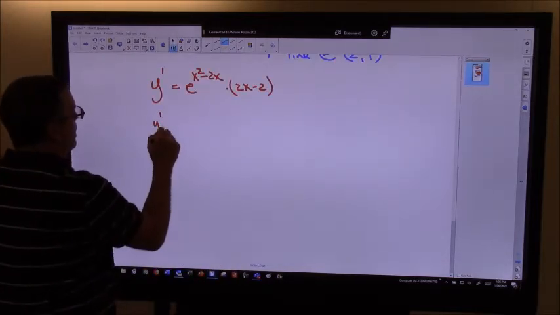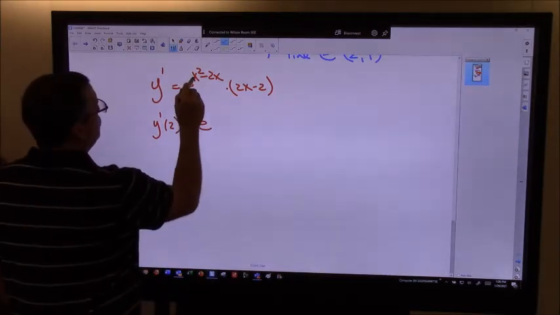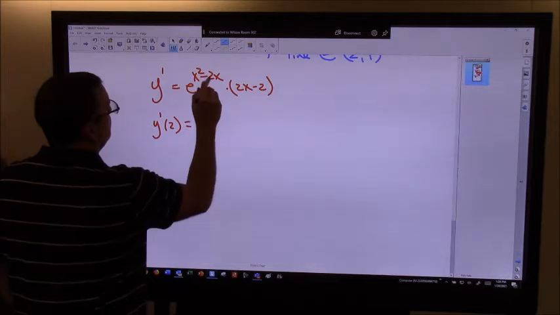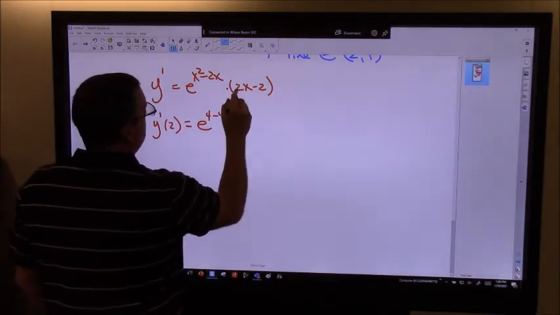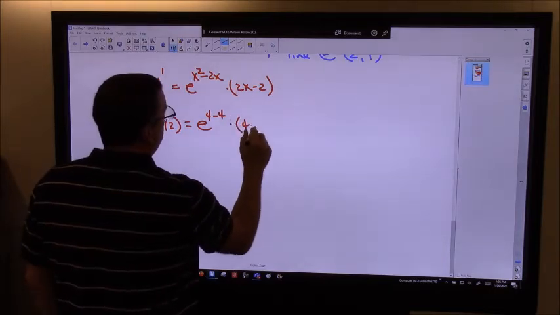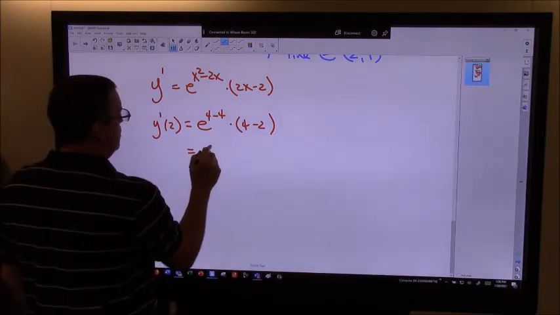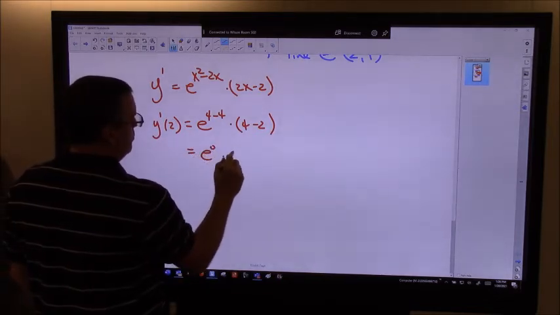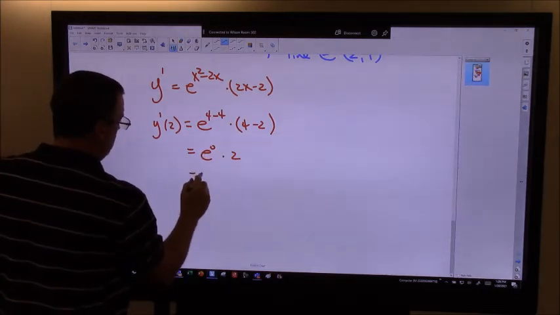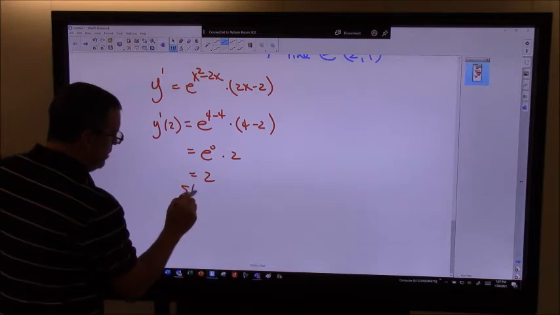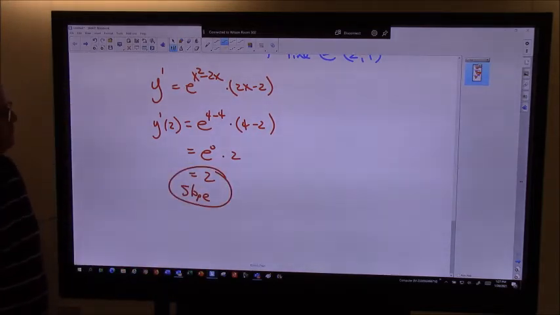So y prime at 2 is going to be e raised to the 2 squared, that's 4, minus 2 times 2, that's 4, times 2 times 2, that's 4, minus 2. And so what I get is e to the 0 power times 2. Anything to the 0 is 1, so 1 times 2, that is 2. There's my slope for that tangent line.